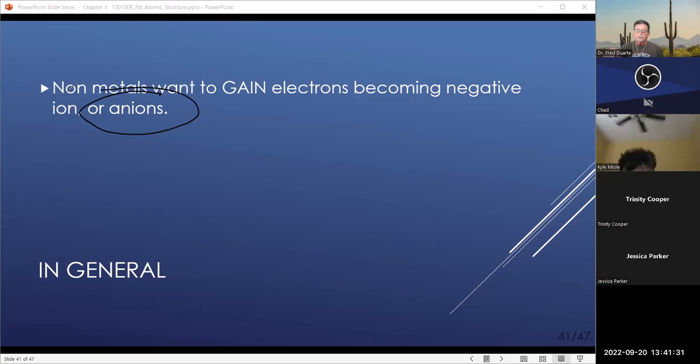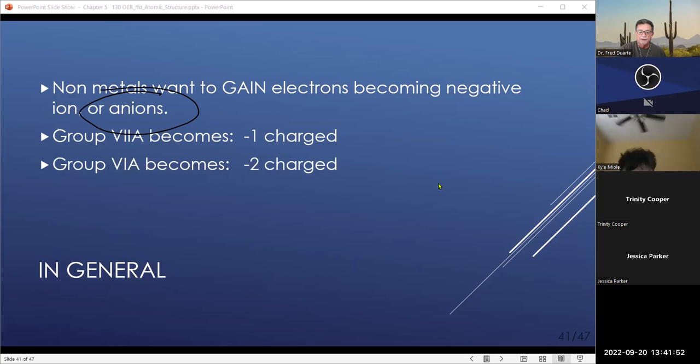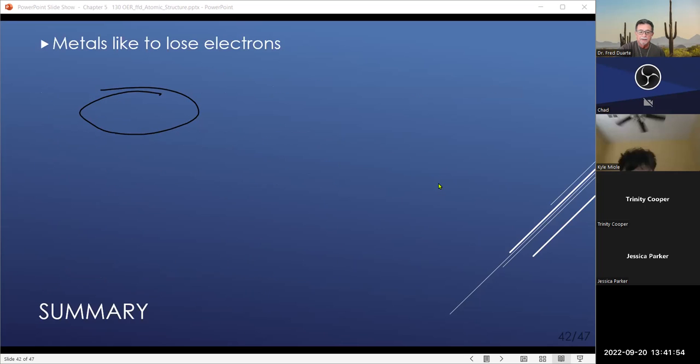So when you hear the term anion, you are talking about nonmetals that become ions. So the sulfide and the oxide, those are anions. All right, so here's the negative charge.